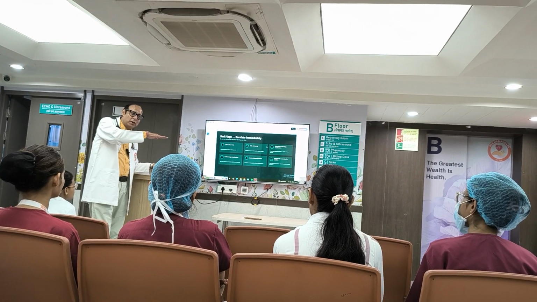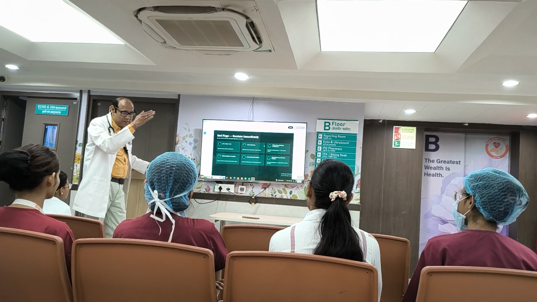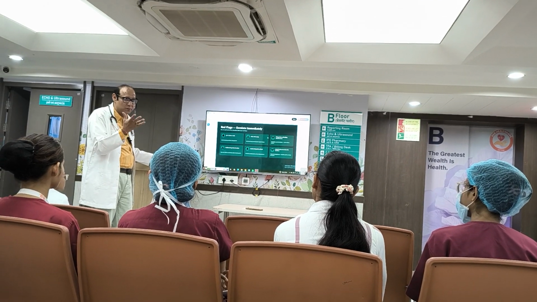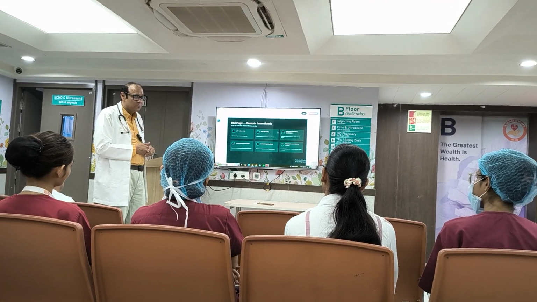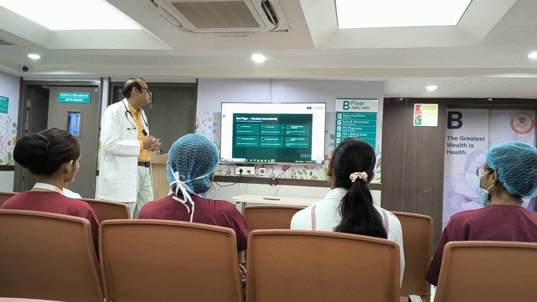All reports are going steady, smooth, but suddenly it dropped. What baseline drop? Like any GCS drop, not conscious or oriented, or any parameter we have discussed. So you have to be very careful and inform the rapid response team.